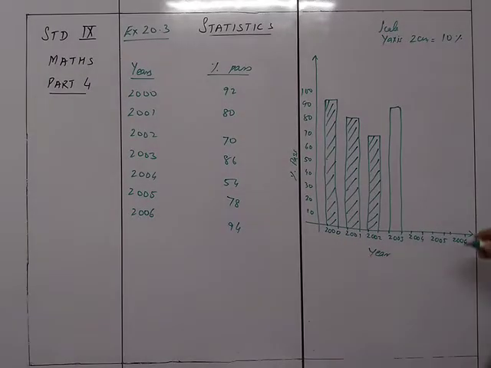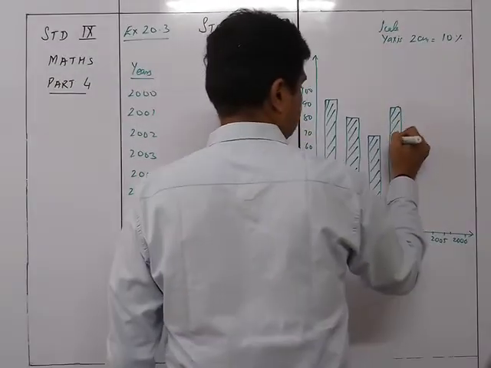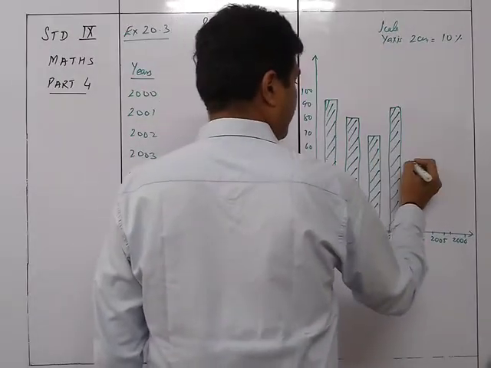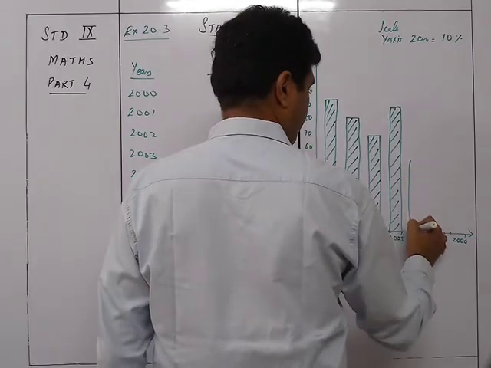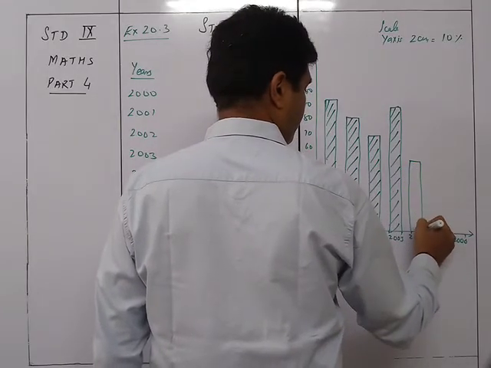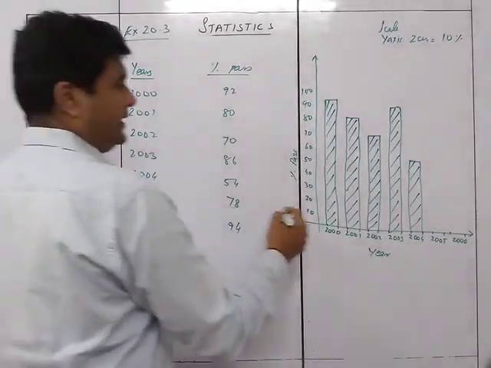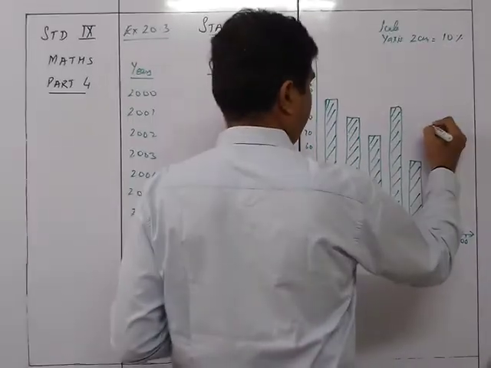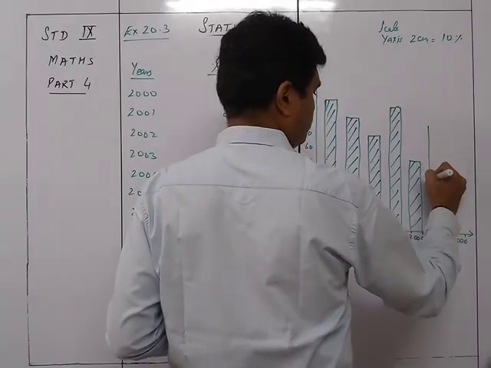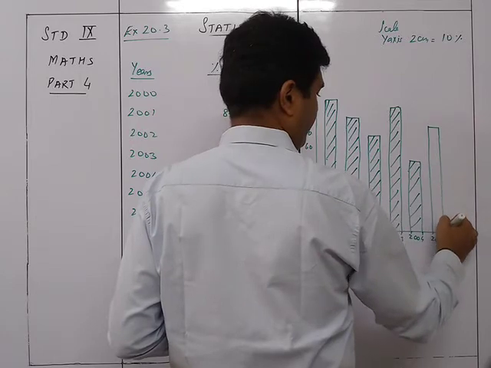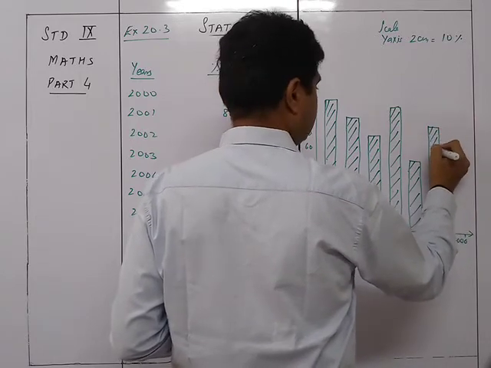Okay, then it is 54. So let's shade this. 54 will be here. Next, 78 will be 2 steps below 80, 2 small lines below 80. And finally it's 94.